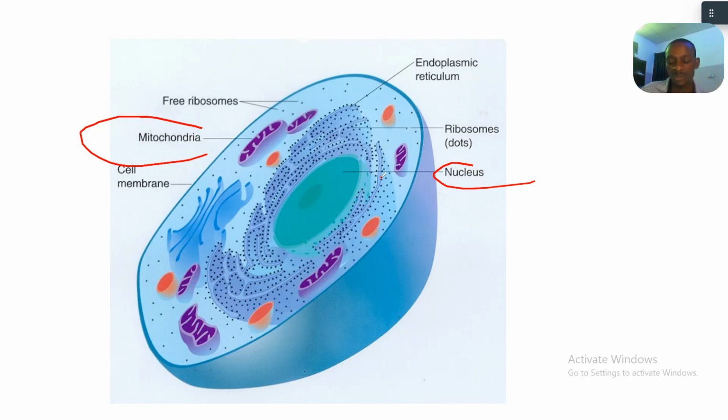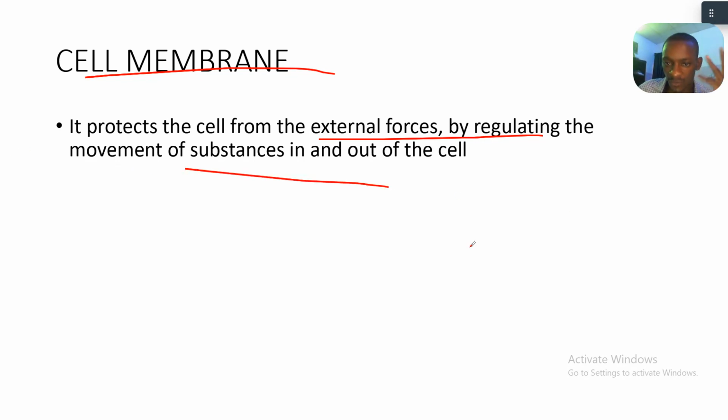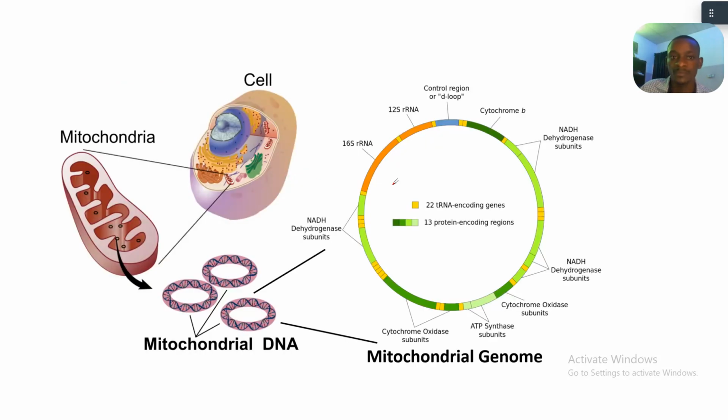What about the cell membrane? We say that the cell membrane protects the cell from external forces by regulating the movement of substances in and out of the cell. That is the role of the cell membrane.